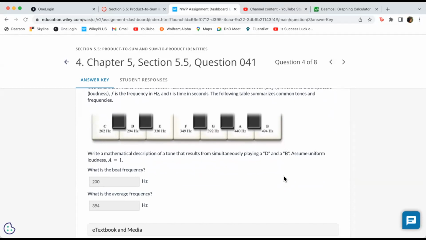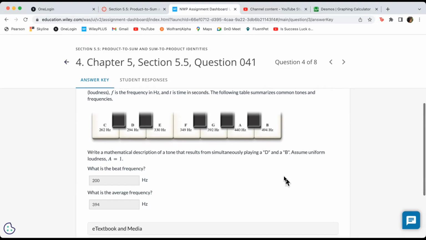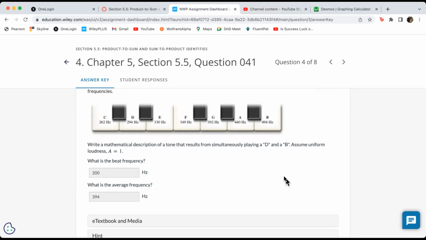So 494 and 294. The 200 is the distance between the two, so half of that is 100. So 394. The frequency of B and the frequency of D, add them and then divide by 2.